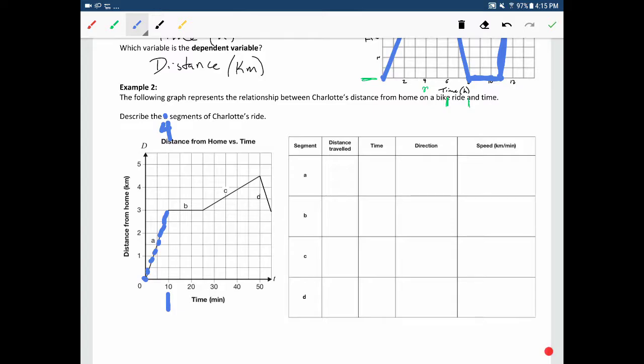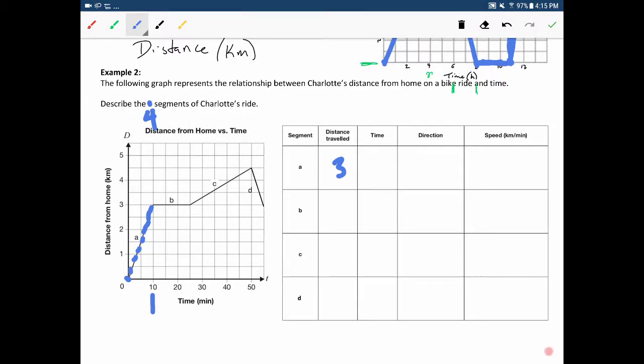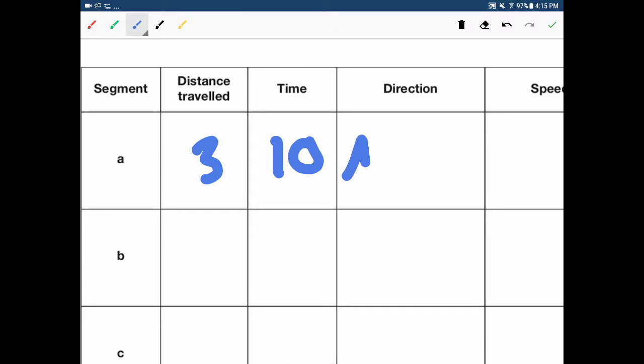So for 10 minutes, she travels at a constant speed up until she reaches 3 kilometers. So the distance traveled here is going to be 3. The amount of time that's passed, well, we said it was 10 minutes. In the direction, well, she's moving away from home. So we'll say away.